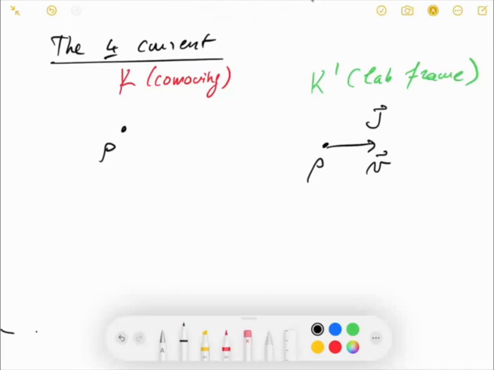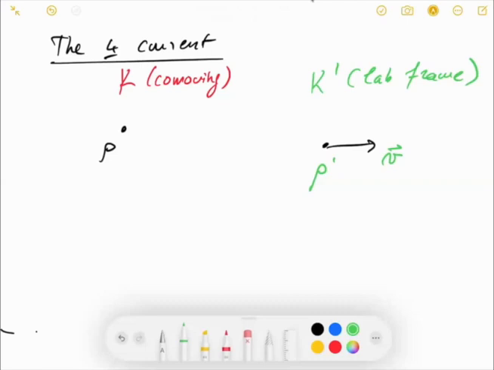Now in the K prime frame, we should make sure that we label all of these appropriately. So for instance, we're going to call this a rho prime, and we'll have some velocity v.